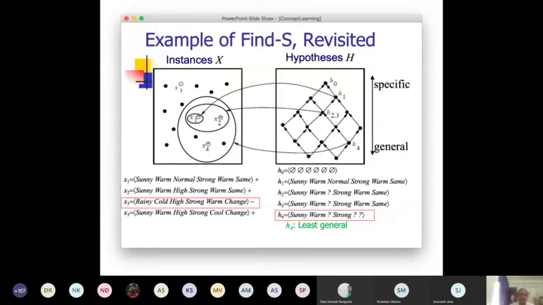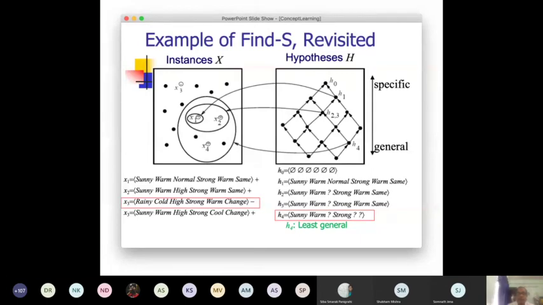Let me take Sunny with all question marks. Naturally, as you see, it is satisfied by all of X1, X2, X4, which are positive with respect to that hypothesis, and X3 is negative with respect to that hypothesis. But there are many other tuples, like Sunny, Warm, normal, and instead of strong I can have weak also.